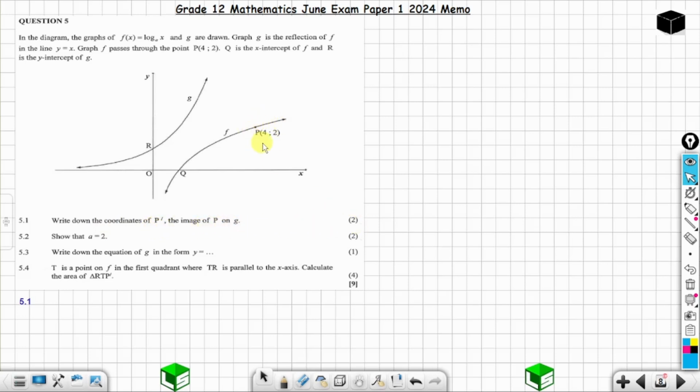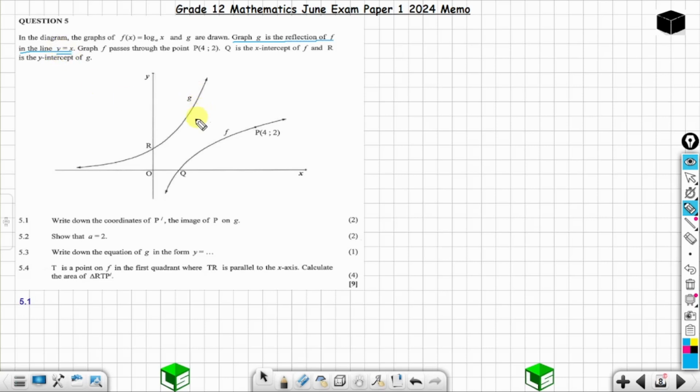So, you have P on the graph of f. P dash is the image of P on the graph G. When you read this part, graph G is the reflection of f in the line y equals x.